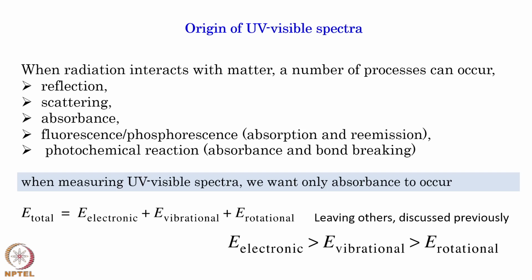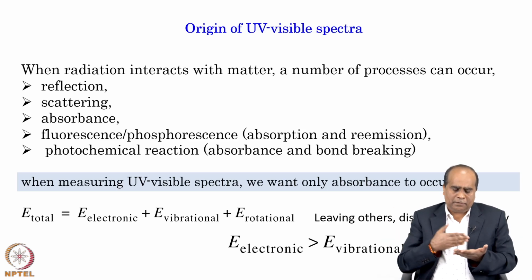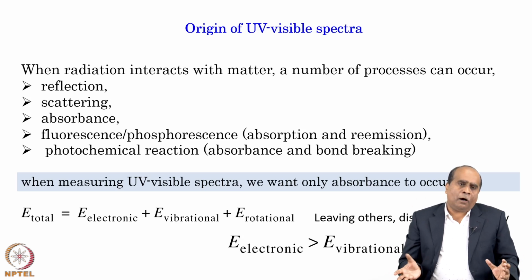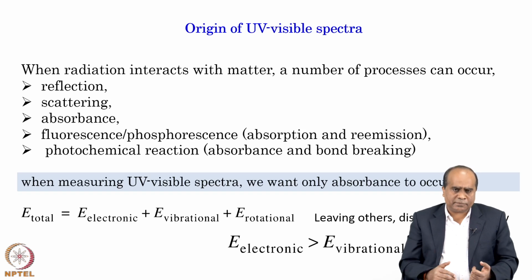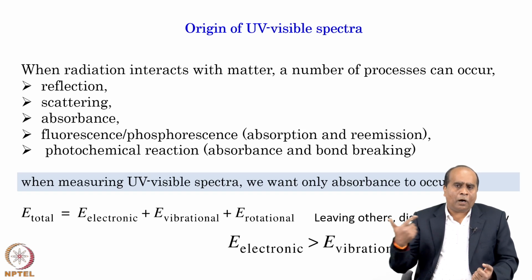Now, let us start the basic concept of UV visible spectroscopy. As we summarized, when any radiation interacts with matter, a number of processes can happen. When light is coming and interacting with matter, what can happen? The matter can reflect it, or scatter it, or part of that light will be absorbed, and after absorption it can even emit back, which we call fluorescence or phosphorescence.